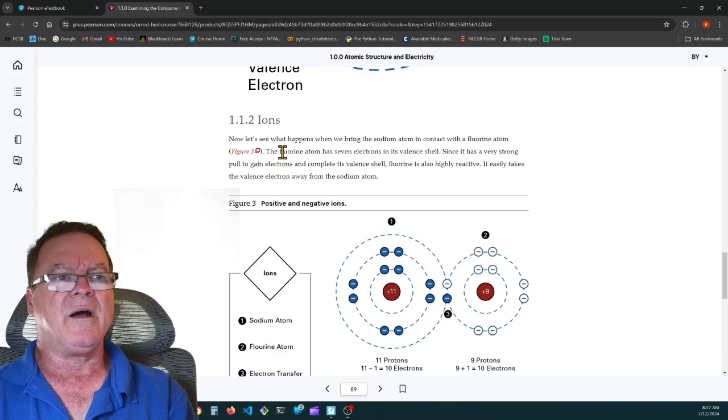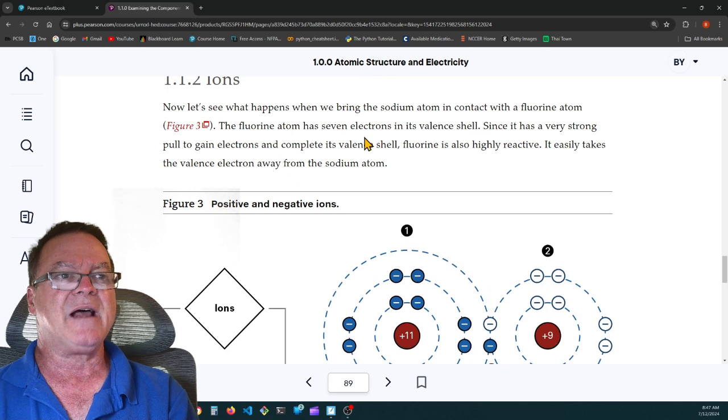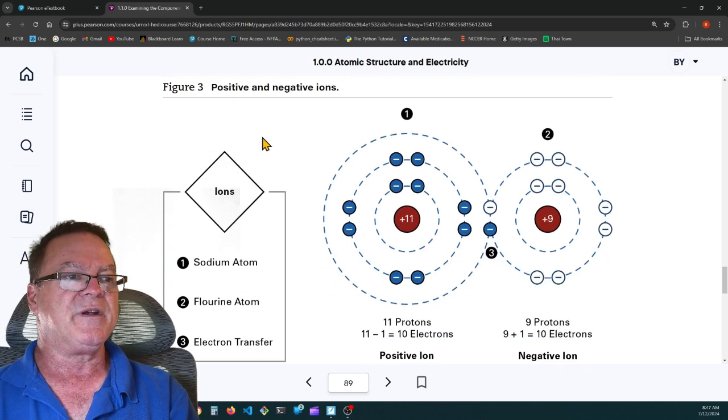1.1.2, ions. Let me come back in a little so we can see the words. It says, now let's see what happens when we bring the sodium atom in contact with a fluorine atom. So here's a sodium atom, and it has 11 electrons, and the fluorine atom has 9 electrons.